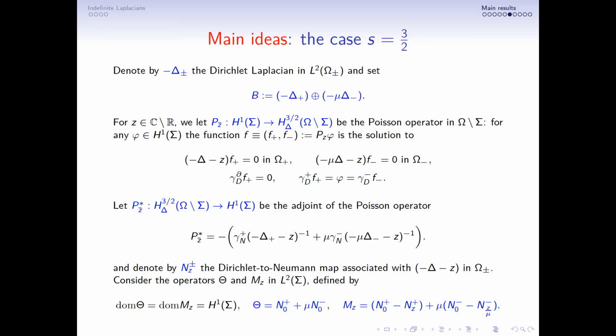And gamma zero of f, as I said, is just the Dirichlet trace of f on the hypersurface sigma.